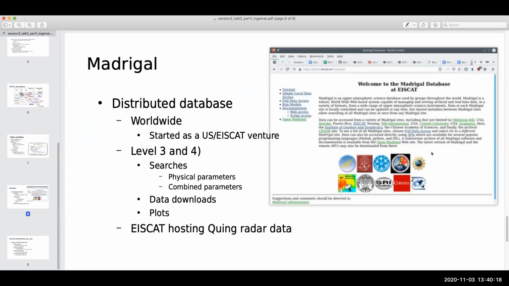It has searches of the physical parameters, and you can also combine parameters. With these searches, you can either download the data or plot the data. So that is a rather big infrastructure that we are using. EISCAT is also hosting some of the Chinese radar data here. So yes, next slide.